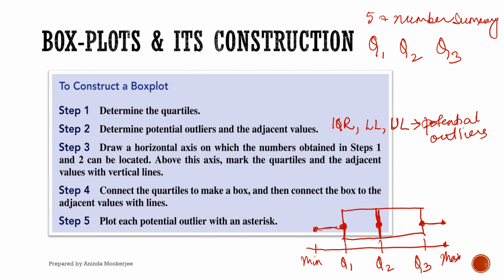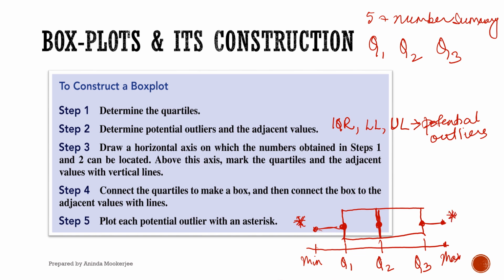So here it says connect the quartiles to make a box. So we did make a box, and then connect the box to the adjacent values with lines. So we connected them with lines. All right. And if there are any potential outliers, you may just want to mark them with an asterisk, somewhere here, if there is another one outside the maximum value.